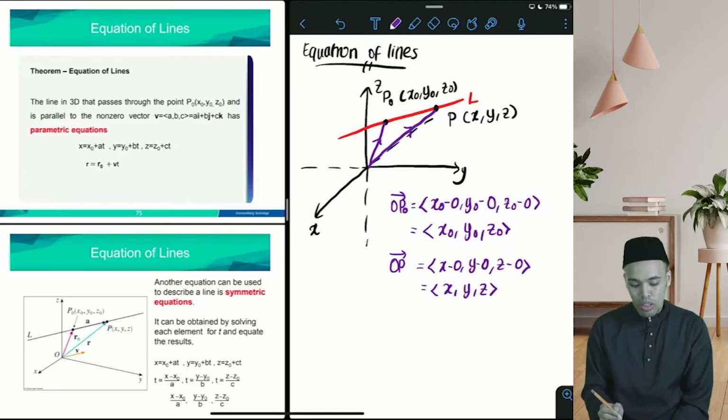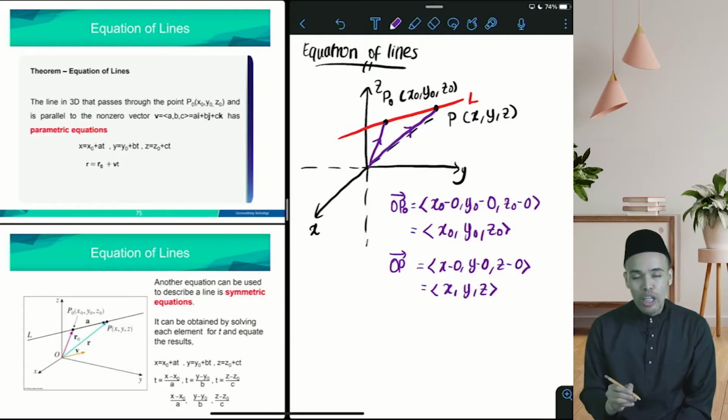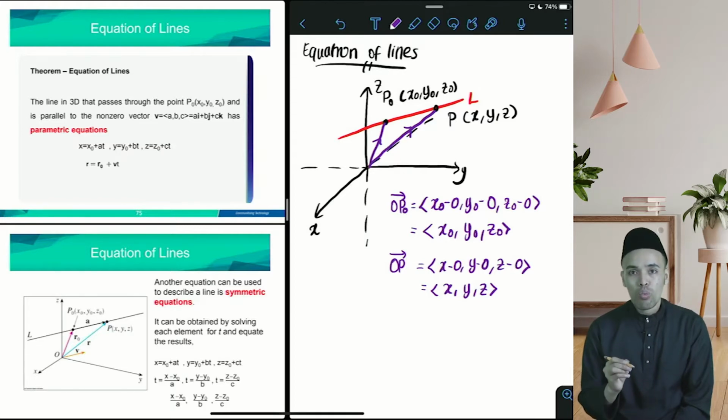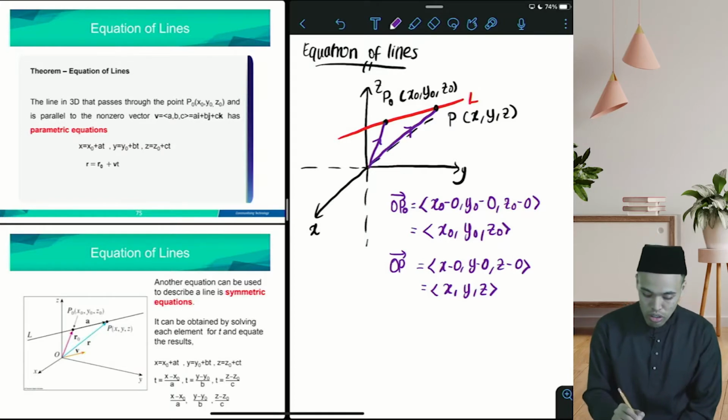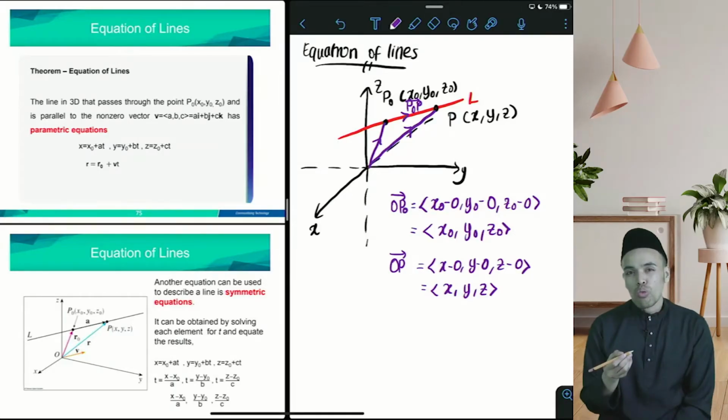Alright, so right now, if you see clearly the figure which I have illustrated, I can always find another vector that connects point P0 and point P, which lies on the line L. I am going to call it vector P0P. According to what we have learned regarding vectors in chapter 2, we learned about the triangle law of vector addition.